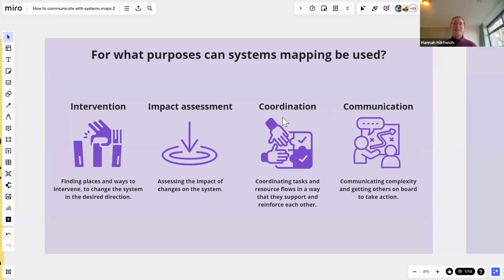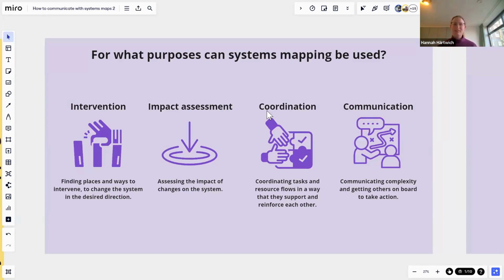And yeah, you will see often all of these things will be needed within a project. At the beginning, we might look at, okay, what kind of interventions are needed here? But then from there, we of course also need to think about, okay, if this is an intervention we do, if this is a change we implement in the system, how is the system going to react?